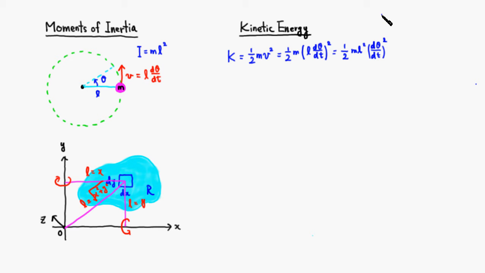If you compare this to the original kinetic energy formula, it has a very similar format, and you can see the correspondence. In a linear motion, m was the mass. In a circular motion, the mass has a different effect depending on how far it is from the center of the circular motion.